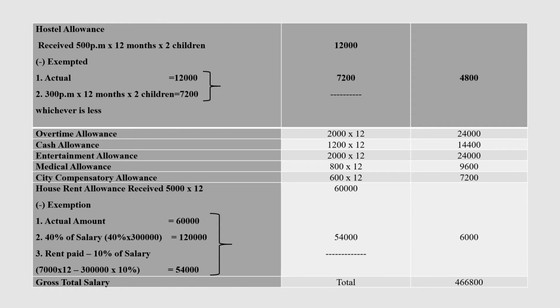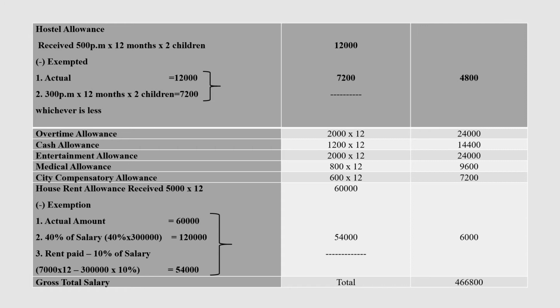In the inside column, you're going to write the exemption rates. The first exemption is the actual amount received, which is again 60,000. The second exemption that we can get is 40 or 50% of the salary, depending on the place of stay. According to this sum, we are taking it as 40% of salary. What is salary in HRA's case? It is salary plus DA plus commission on sales.